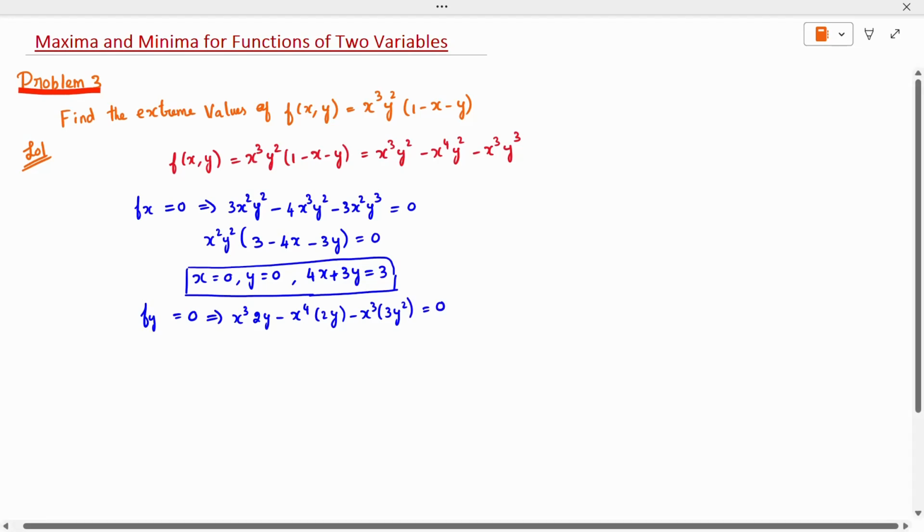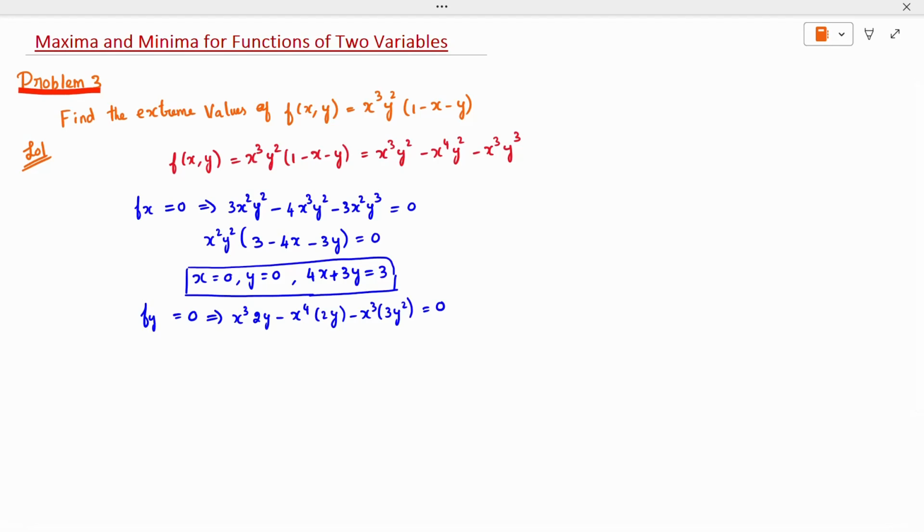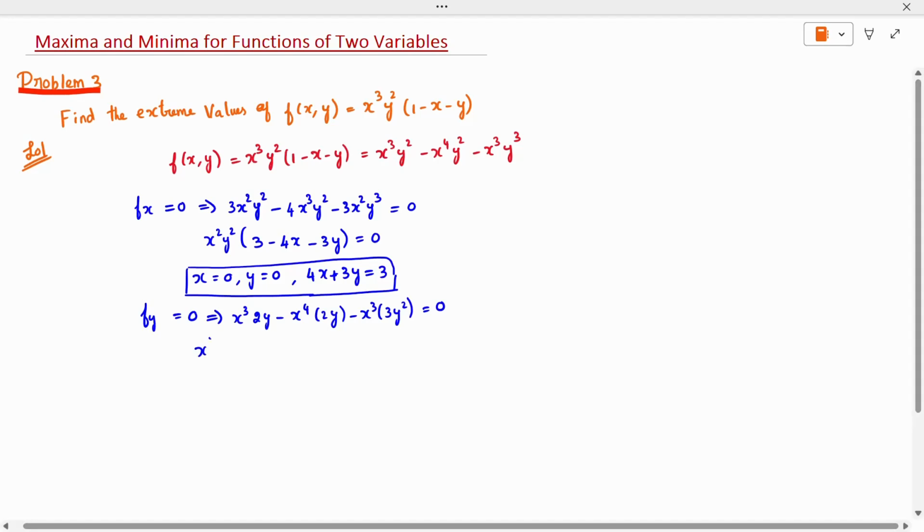Same way we'll take the common terms outside. I will take x cubed y, the maximum power, outside. When I take it outside, I get 2 minus 2x minus 3y equal to 0.